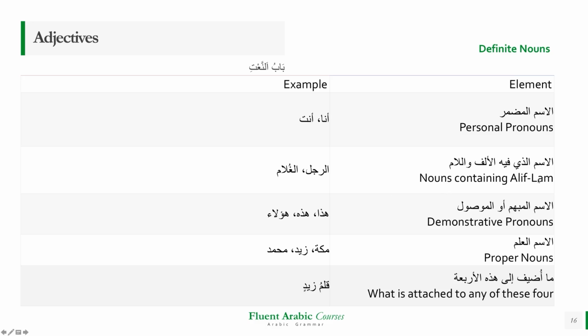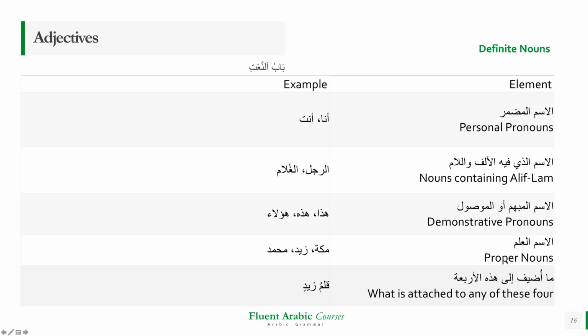After that comes al-ism alladhi fihi al-alif wal-lam. Any noun with an alif lam is going to be definite. Al-ism al-mubham aw al-mawsul, the demonstrative pronouns. Hada, hadihi, haula. Alladhi, alladhani, allati, allawati. All of these are definite because they're all talking about something specific.